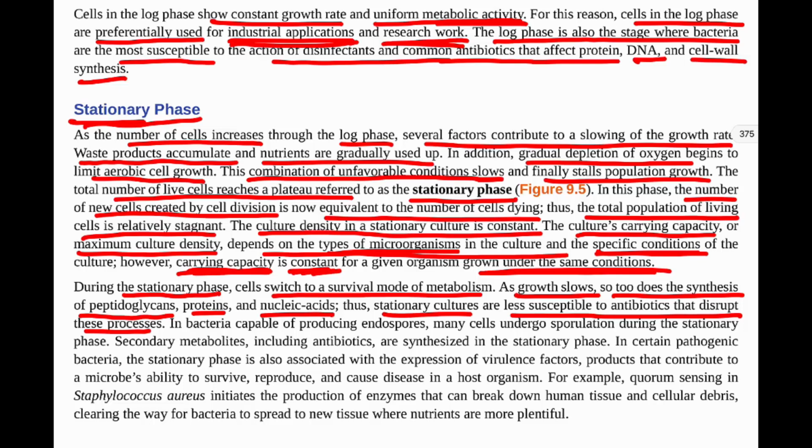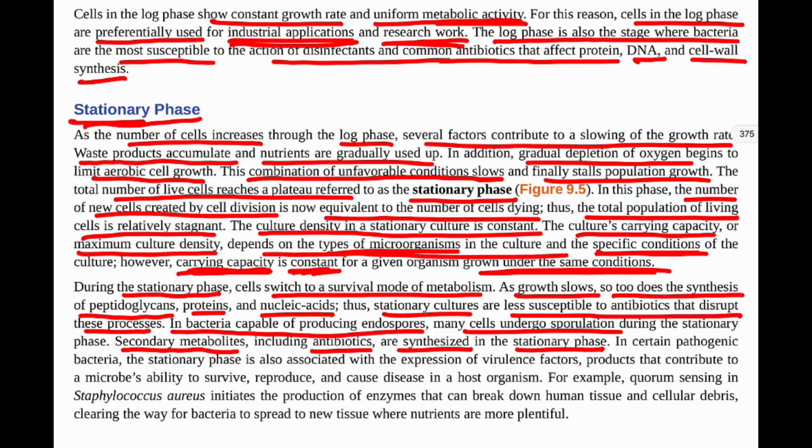In bacteria that are capable of producing endospores, many cells are going to undergo sporulation during this stationary phase. So this is when we start to see sporulation because they're running out of nutrients. Secondary metabolites, including antibiotics, are synthesized in the stationary phase. So depending on the microorganism, this is when we start to see things like endospores forming, but then also secondary metabolites.